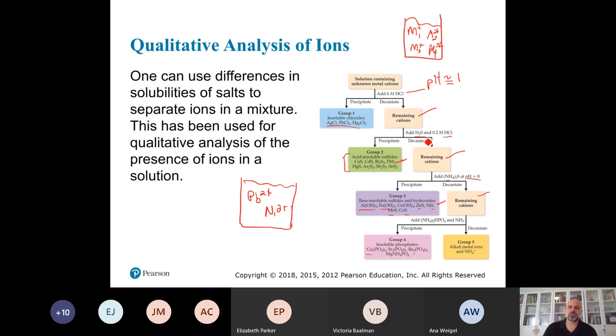If you first add H2S and 0.2 molar HCl, you'll see your lead ions precipitate out. So the lead sulfide will come crashing out of solution and precipitate at the bottom. And then you'll be left with just nickel ions in solution. Right? So then you're left with nickel 2+.